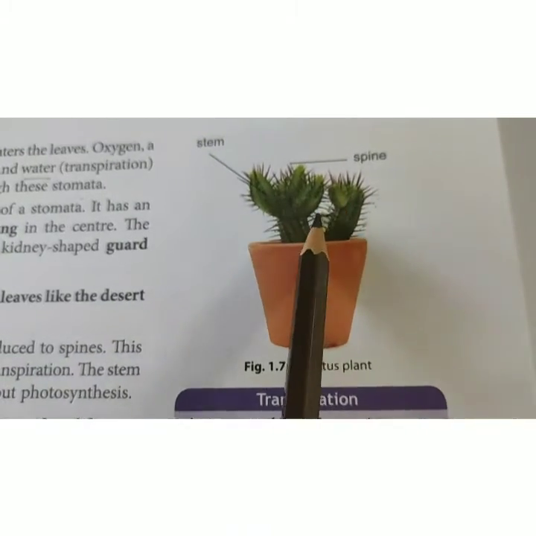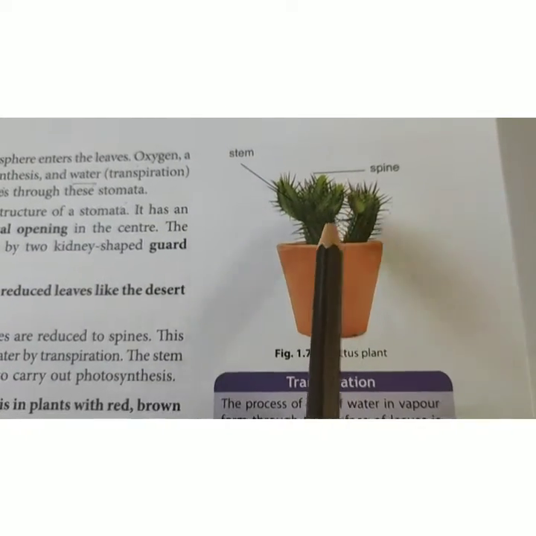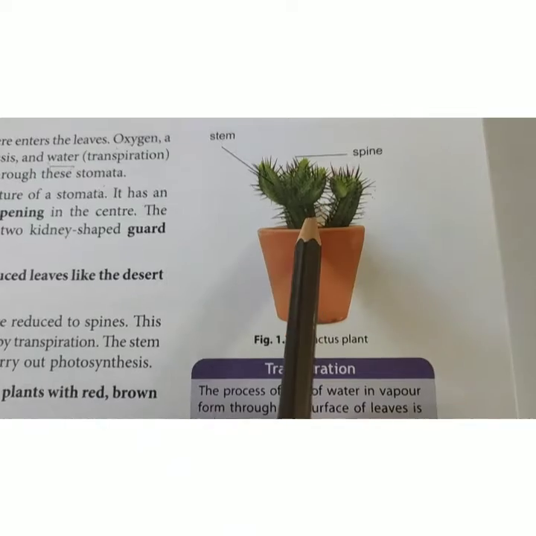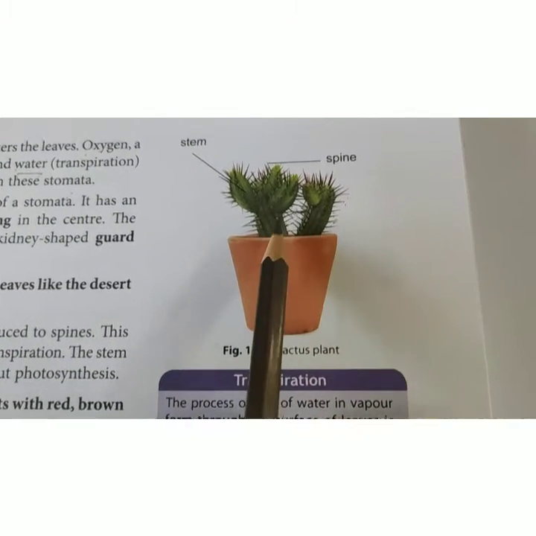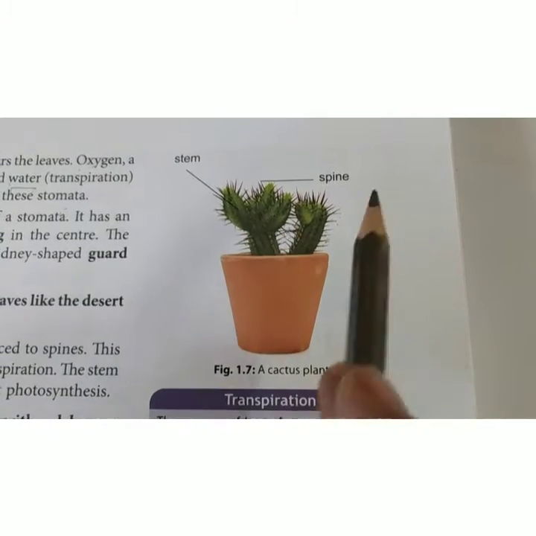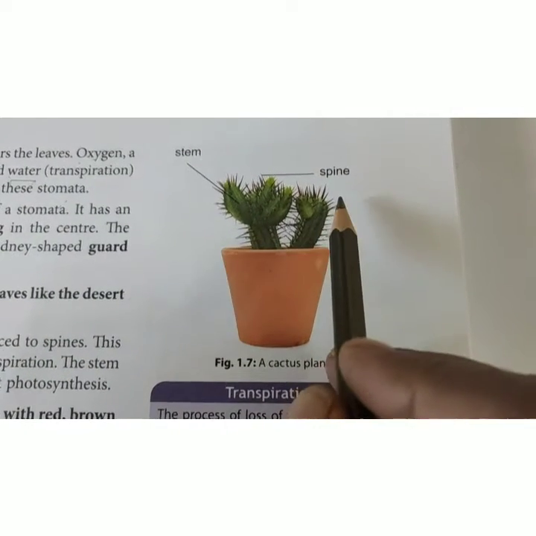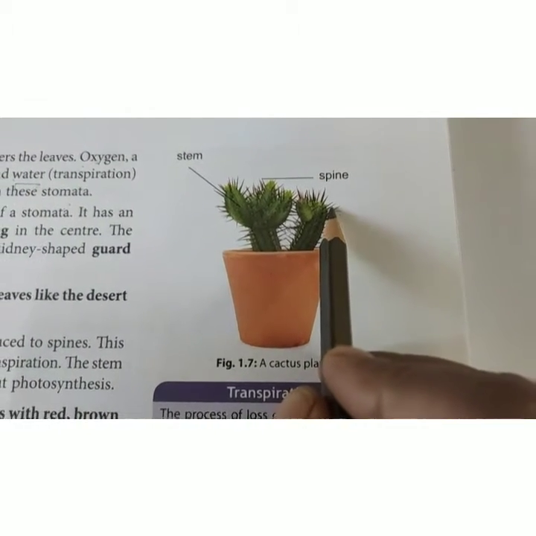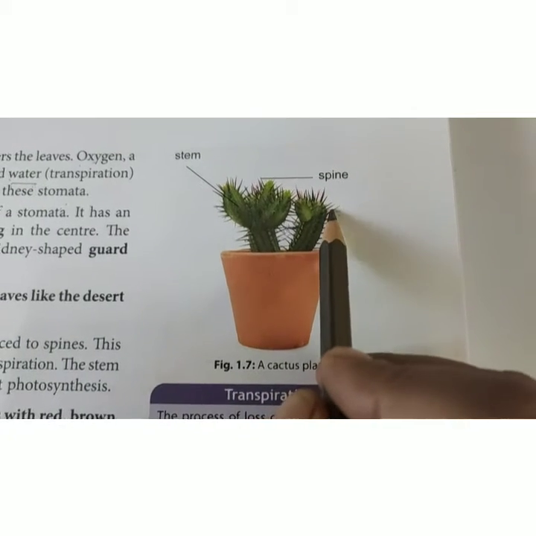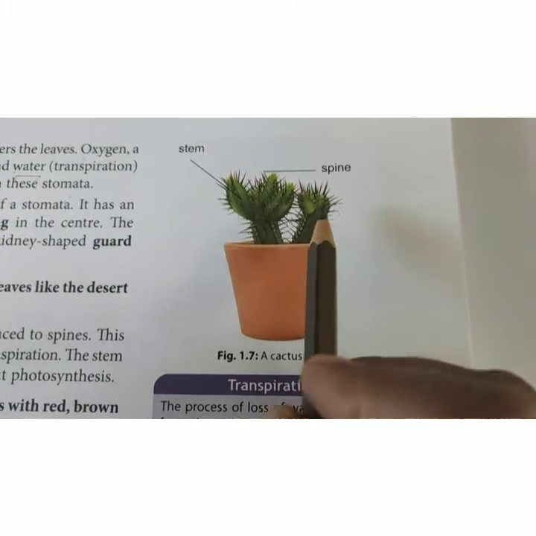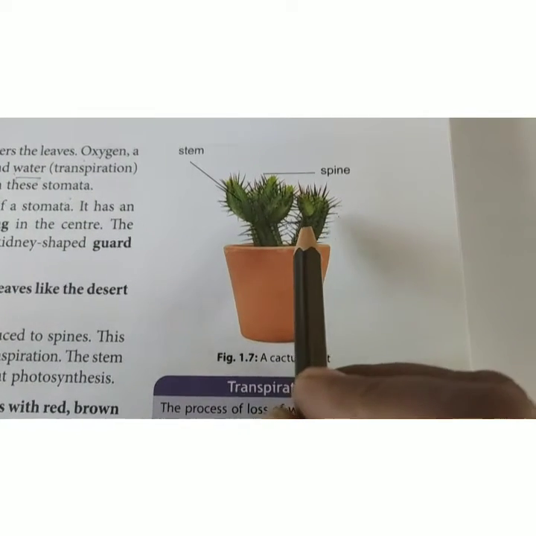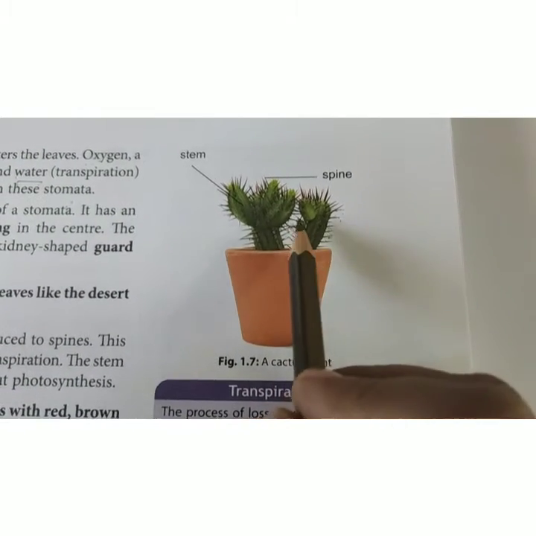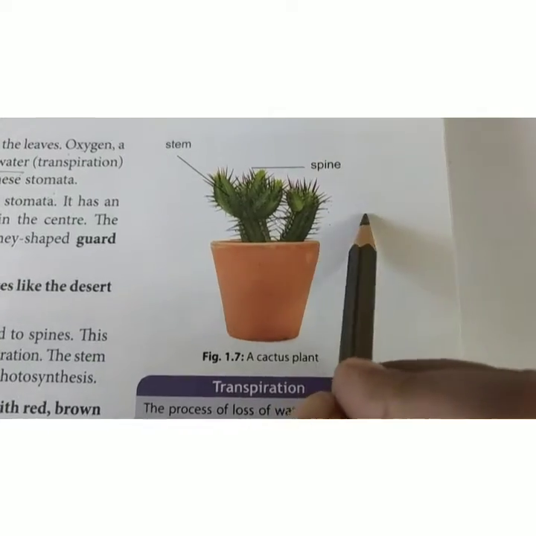This is the case of cacti or the plants that are found in the desert. So what are the two main characteristics of the plants found in desert? One is that the leaves are modified into spines. The next one is that the stems carry on photosynthesis instead of the leaves.